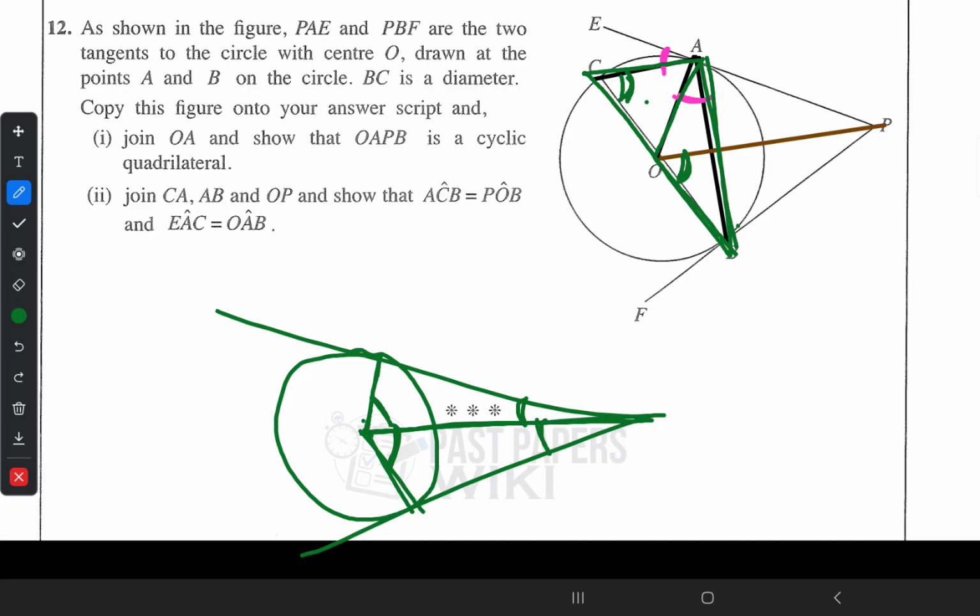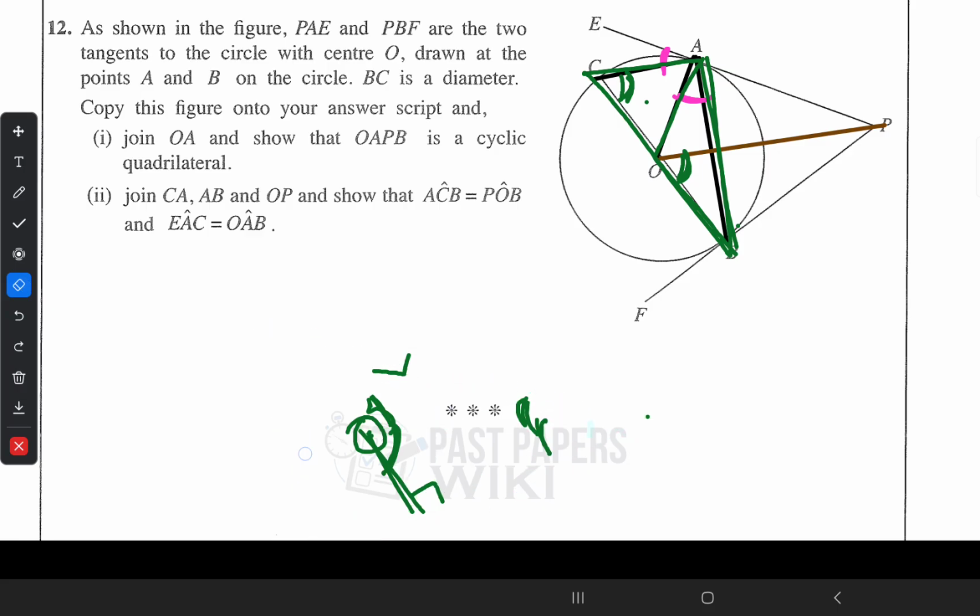That is a theorem. Let me repeat. There are two tangents, and these radii are perpendicular to the tangents. The next theorem we studied: when you connect the center of the circle and the intersection of those tangents, that will bisect this total angle into two equal portions. That's the theorem we need to use here as well.